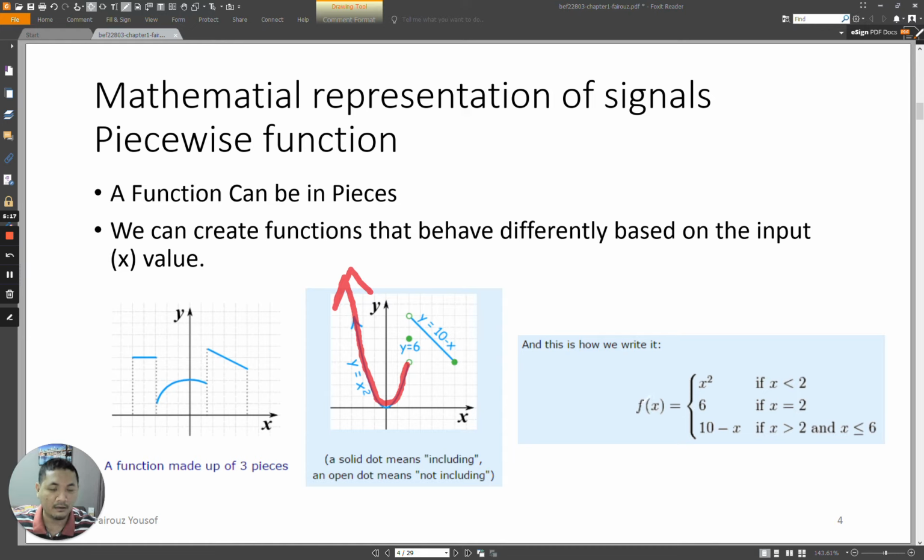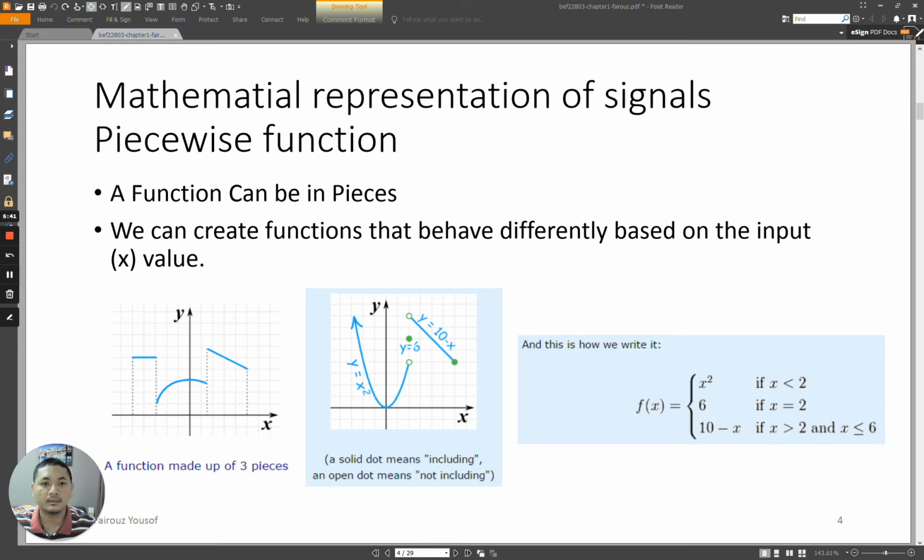So it has this f(x) or y. It has these functions, alright: x squared, 6, 10 minus x. It can be just 2, or it can be more than 10 even, right? And this is the limitation for each of the functions.